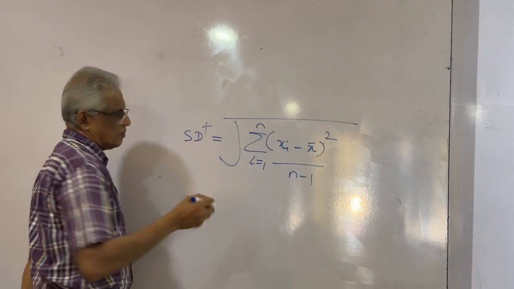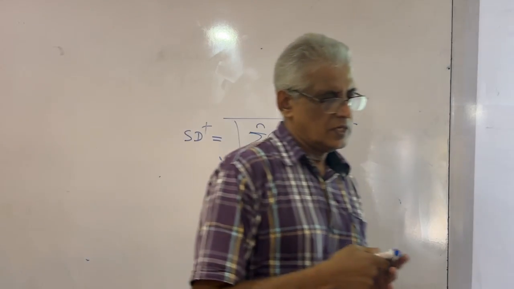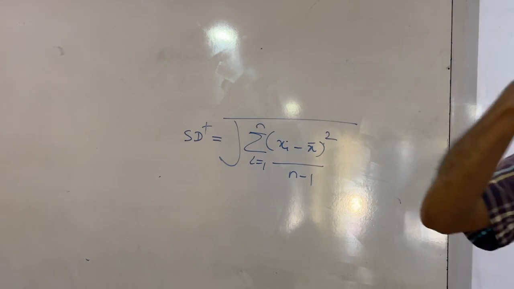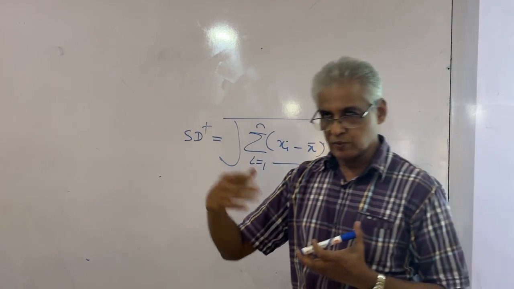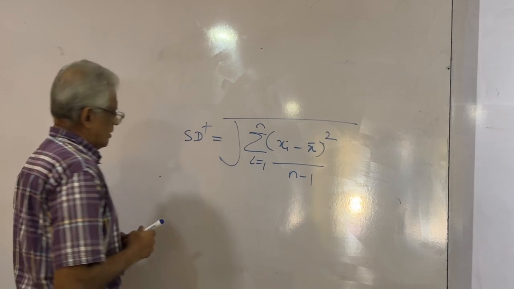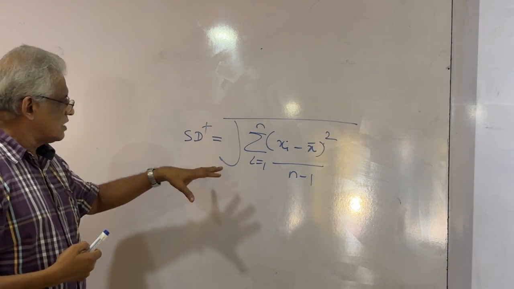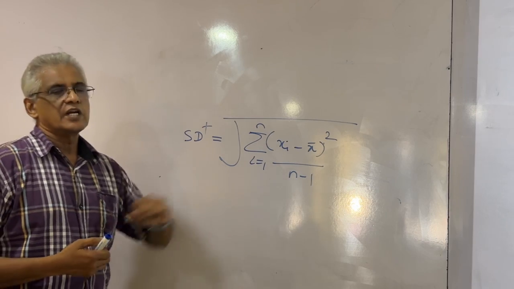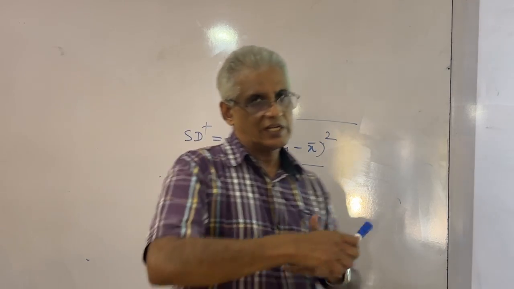In the book it is denoted by SD plus because it's slightly larger than the SD value, since we divide by n minus 1 there. But in the book they are using SD, the standard deviation, with the divisor n, a direct average.